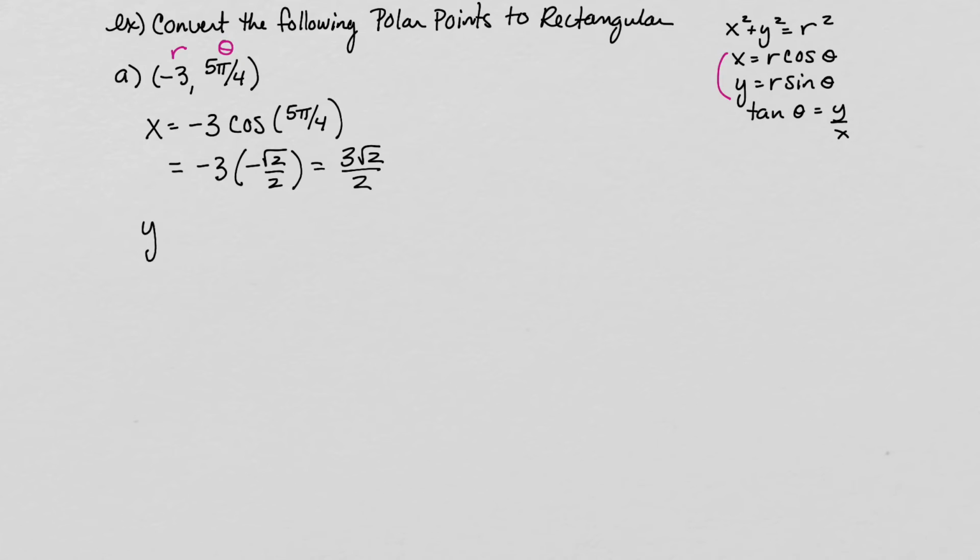And then y is going to be equal to r sine theta, so minus 3 sine 5 pi over 4. So this is going to be minus 3. What's the sine of 5 pi over 4?